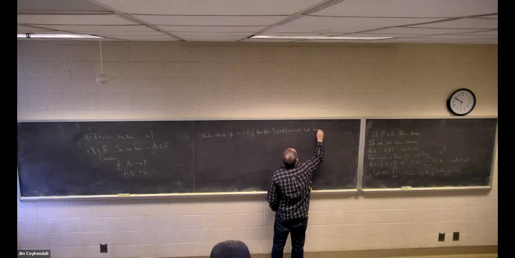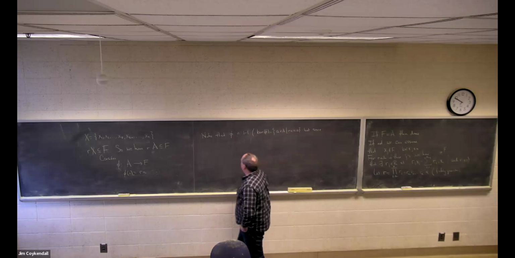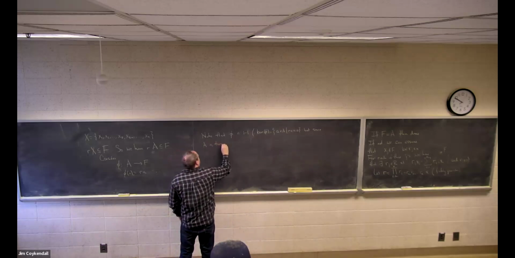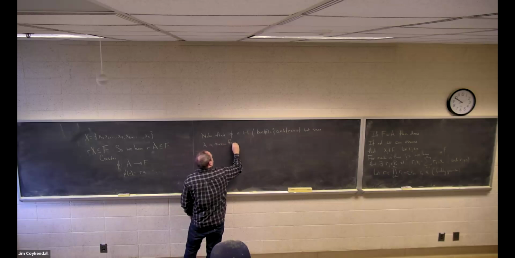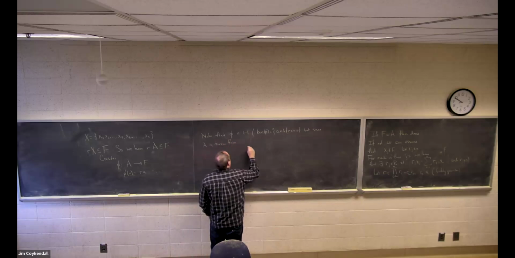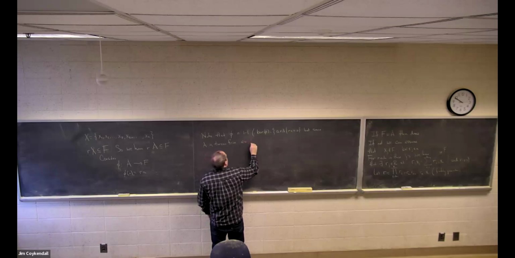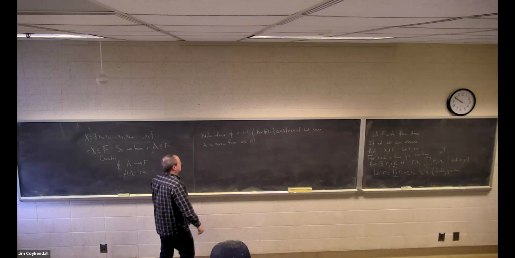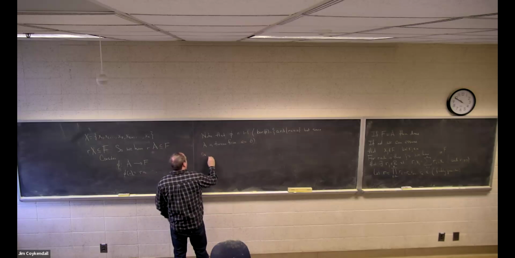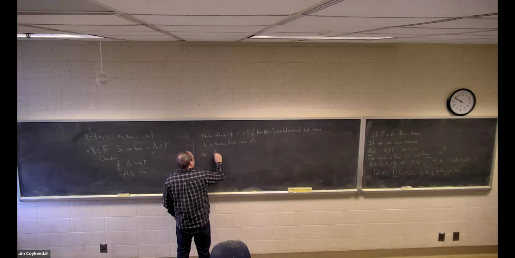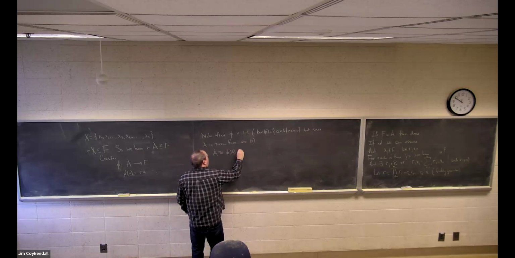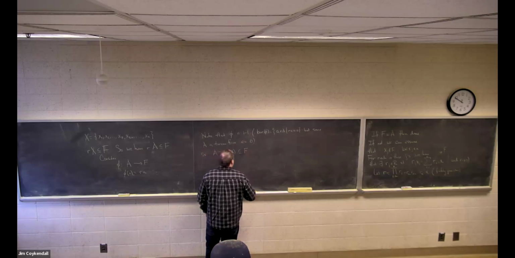But since A is torsion free, a is equal to 0. So A is isomorphic to phi of A, which is a submodule of F.